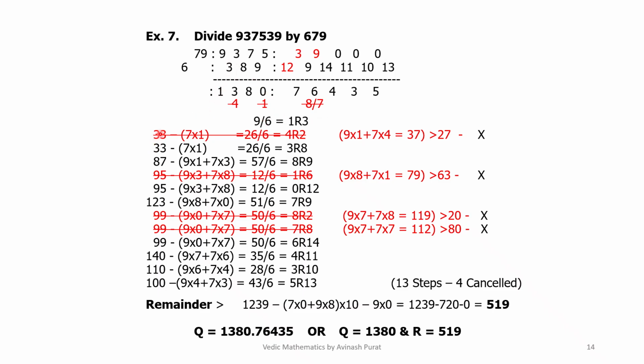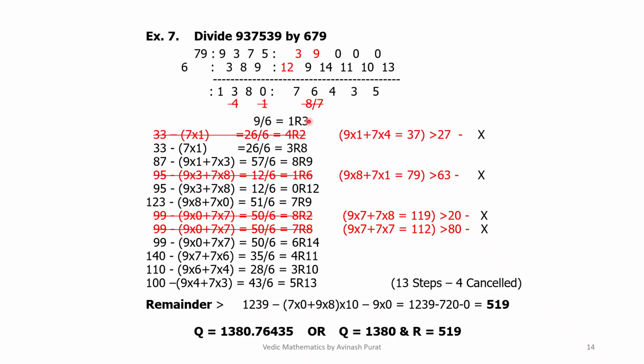Now 33 minus 7 into 1 equal to 26 divided by 6. Now if we take 4 as a quotient, then remainder is 2. But then the next line would be 9 into 1 plus 7 into 4 equal to 37, which is bigger than 27.